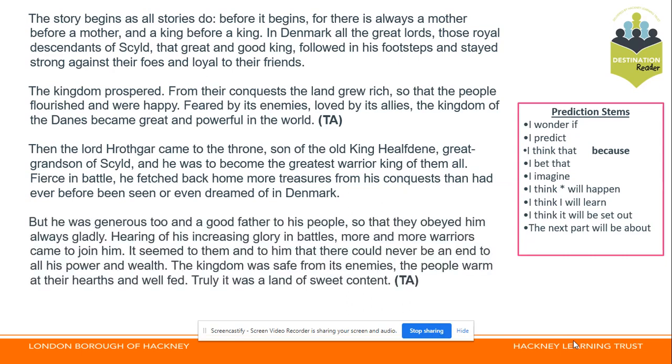But he was generous and a good father to his people, so that they obeyed him always gladly. Hearing of his increasing glories in the battles, more and more warriors came to join him. It seemed to them, and to him, that there could never be an end to all his power and wealth. The kingdom was safe from its enemies, the people warm at their hearths and well fed. Truly, it was the land of sweet content.